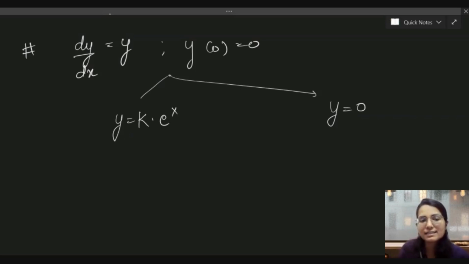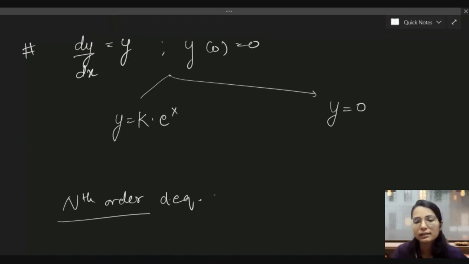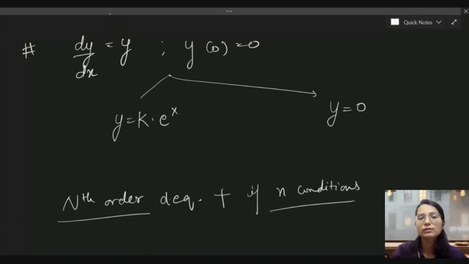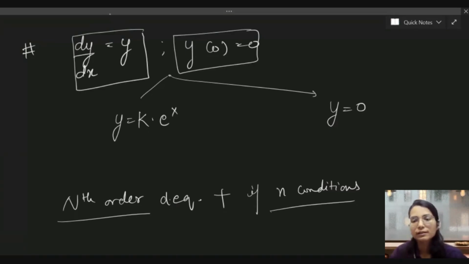Now, if you have any nth order differential equation, and we have n initial conditions on that equation, for example here it is a first order differential equation and we have one condition, then what we get is a unique solution.